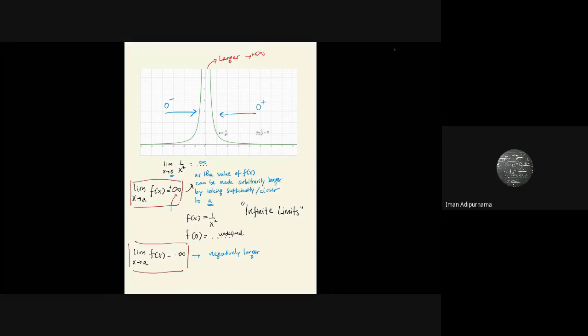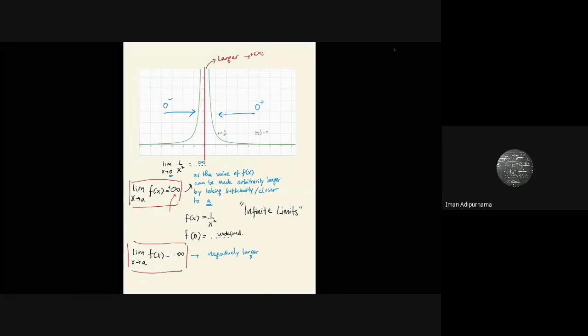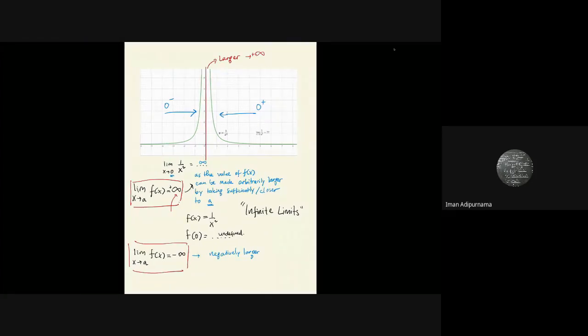So it seems we have, in the middle here at 0, some line which the graph will not touch, this red line. So in infinite limits, we may have a vertical asymptote. I will draw in a new page here.